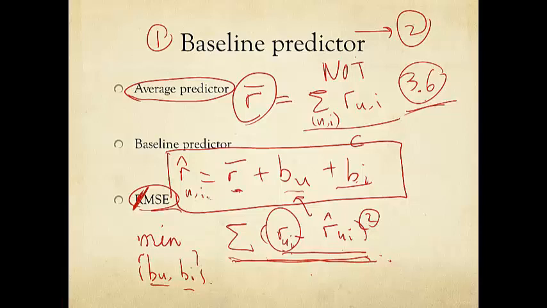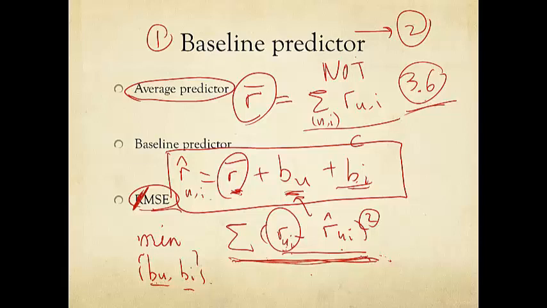We say our baseline predictor is the lazy R bar plus bias term for the users and the movies. Then you look at the difference between the actual R and this R hat in the root mean square error sense, which means you're looking at the square of the L2 norm, and you're minimizing over BU/BI that function.